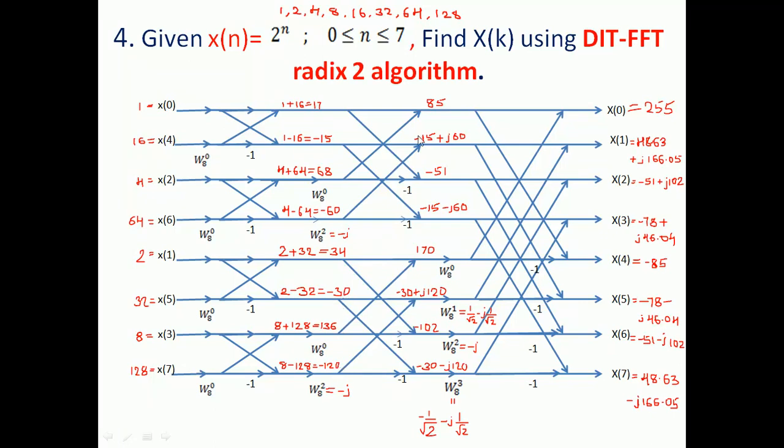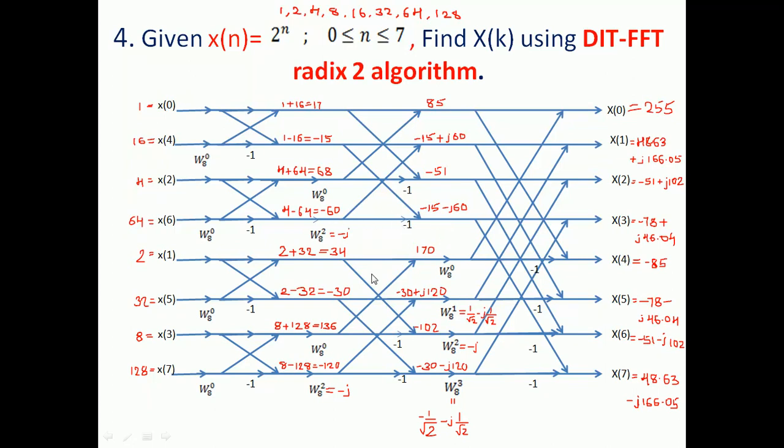So at this point we have 17 plus 68, that is 85, minus 15 plus j 60. At this point we have minus 68 plus 17, that is minus 51. At this point we have minus 15 minus j 60. Why is it minus j 60? Minus into minus plus 60j into minus, that is minus 60j.